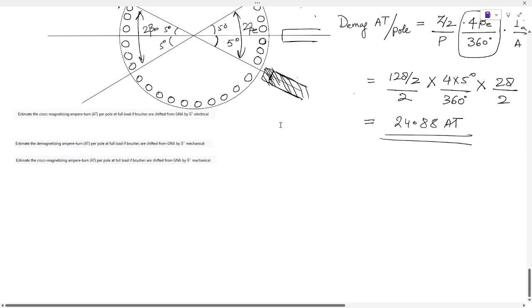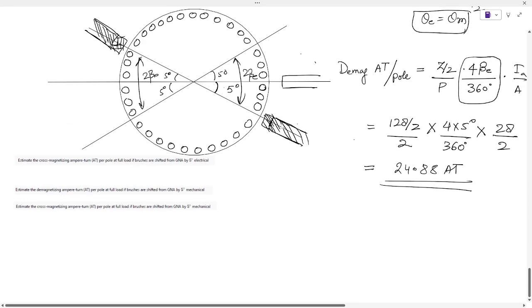Sir, I have one question. When the current starts flowing in the armature conductors, it will deform the field. Then, even though the brushes are not shifted, the direction of the induced EMFs will change according to that deformed field. No, the direction of EMF will not change, but the amount of induced EMF will change.